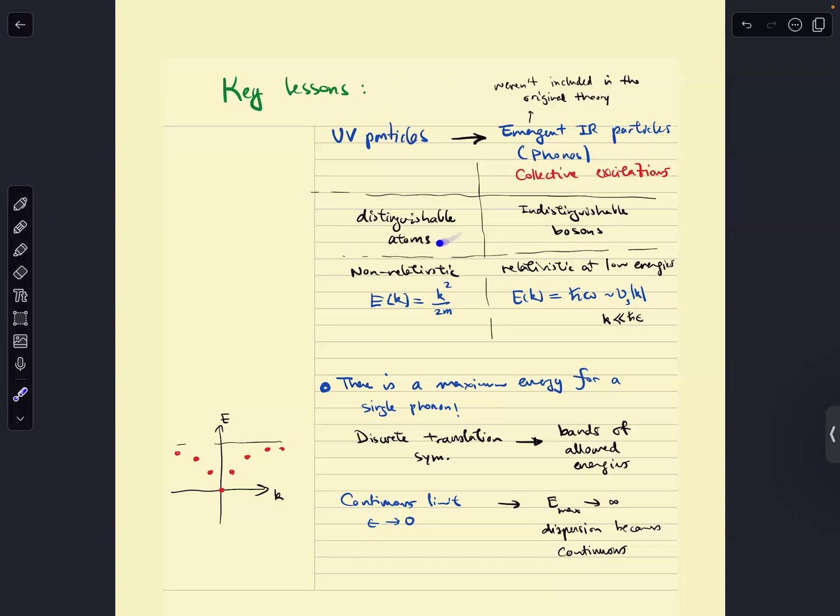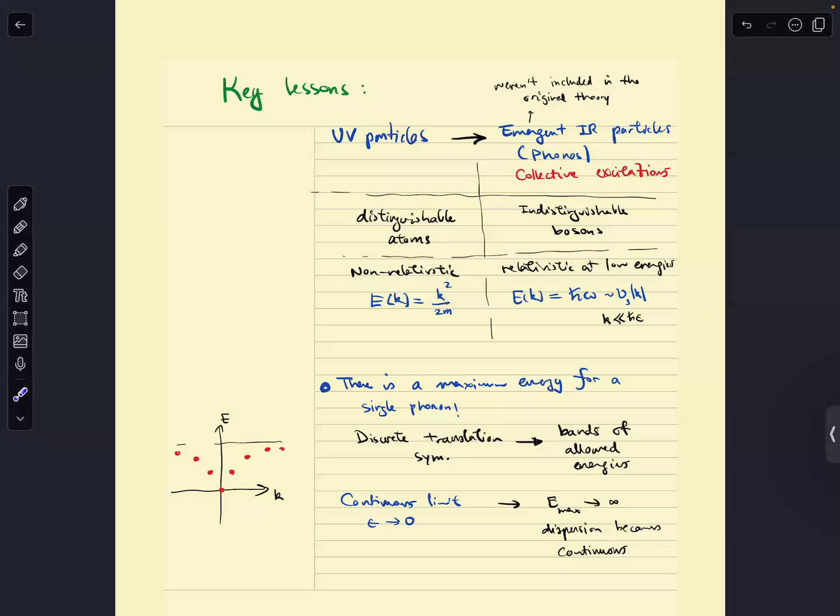For example, the UV particles are distinguishable atoms. The IR particles are indistinguishable bosons. The UV particles are non-relativistic, and as we'll see, at low energies these are relativistic. I'll comment on that in a second.